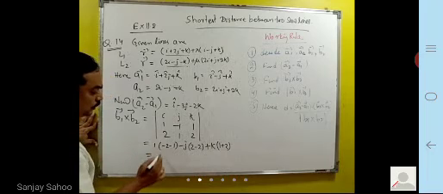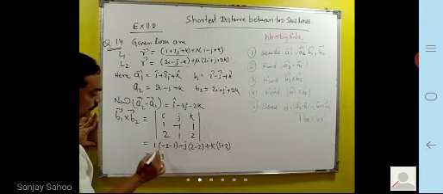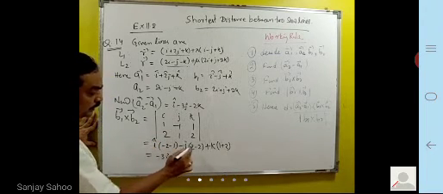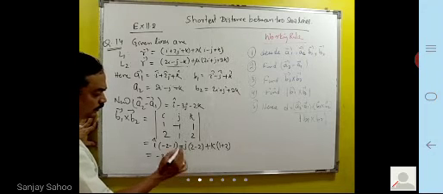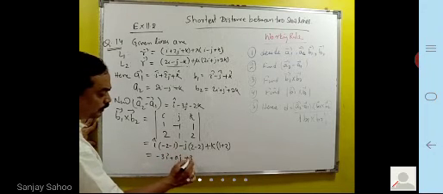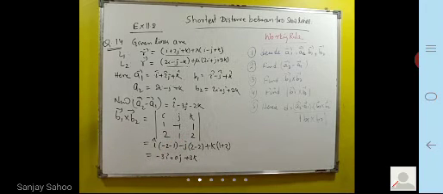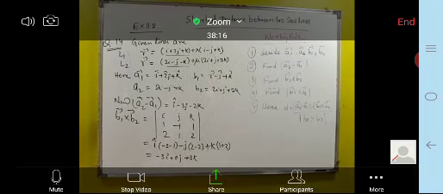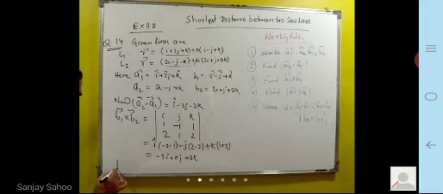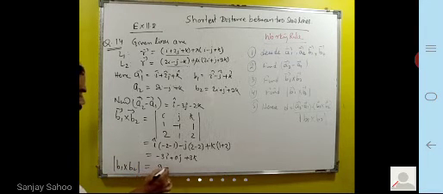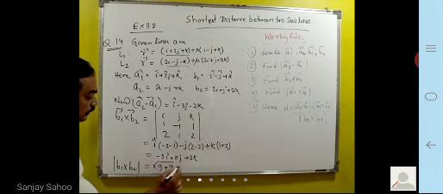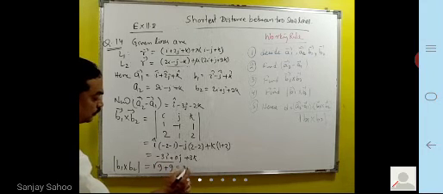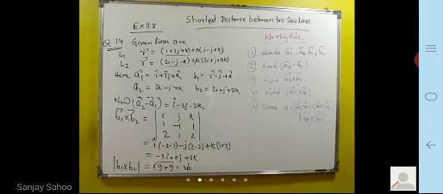This is reduced to minus 3i, plus 0j, and this one is equal to plus 3k. So this is your B1 cross B2. Now B1 cross B2 modulus is equal to root of 9 plus 9, that is 3 root 2. Answer is 3 root 2.